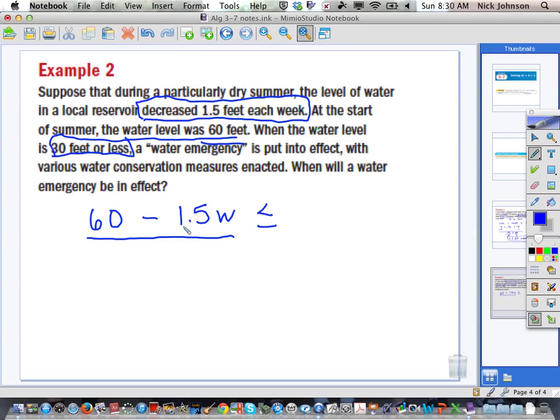We know it's going down, it's just a matter of when. The water emergency is going to be put into effect when this equation is less than or equal to 30 feet. Okay? The buzzer's going to go off. It's going to irritate people, everything else. So there's my equation.